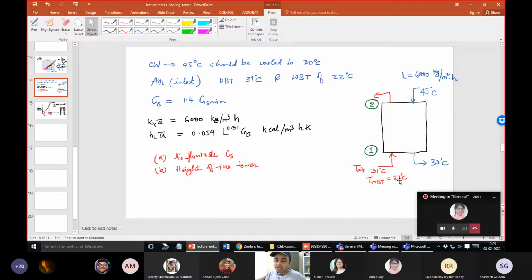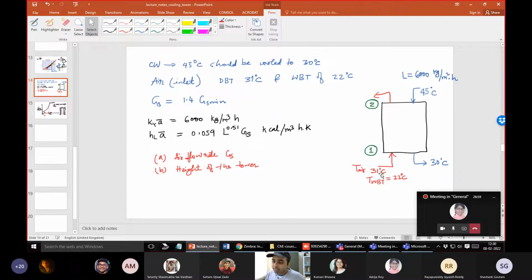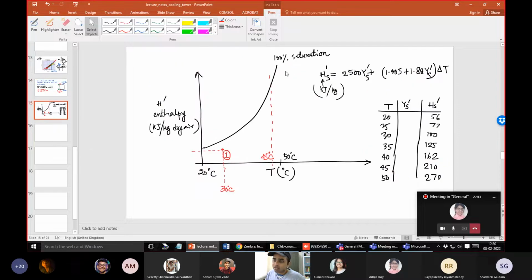What is the easiest way? The easiest way is to locate the point on the psychrometric chart corresponding to 31 degrees centigrade and 22 degrees wet bulb temperature. I think all of you can locate that point by now. Read the humidity value at that point, and once you know the humidity value, you just use this formula.